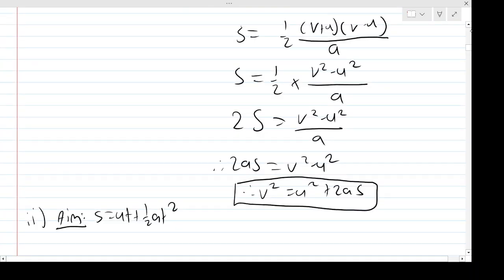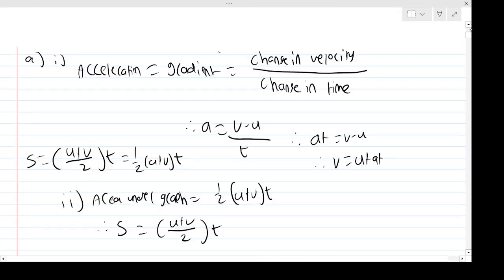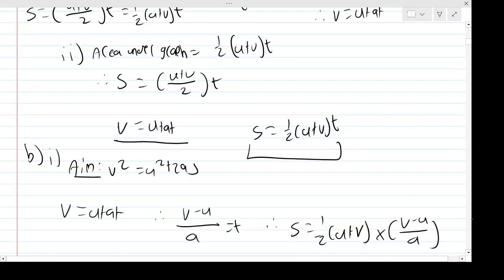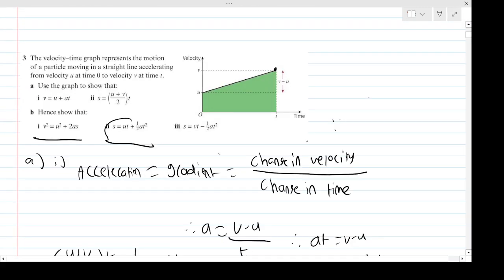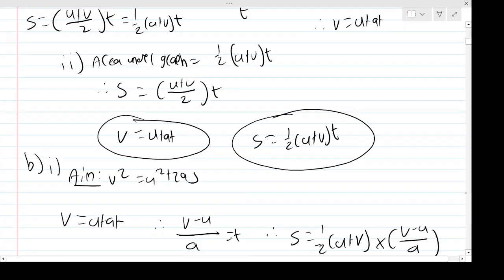So again, if I look at these two equations here, in fact I'll circle them, I don't want any v's. v is not in this equation that I want to show. So I'm going to need to not rearrange for t, but rearrange for v. And actually that's quite easy because this is already in terms of v. v is u plus at, so v is already the subject.